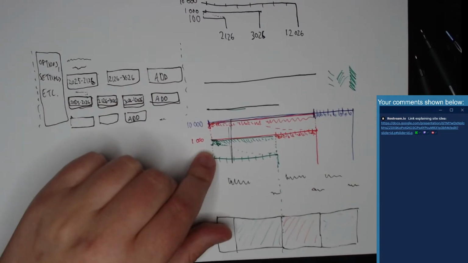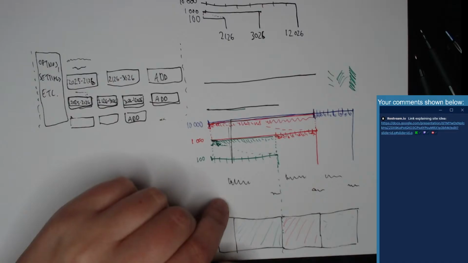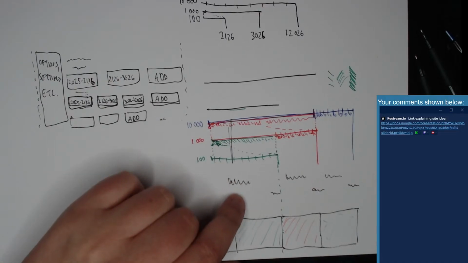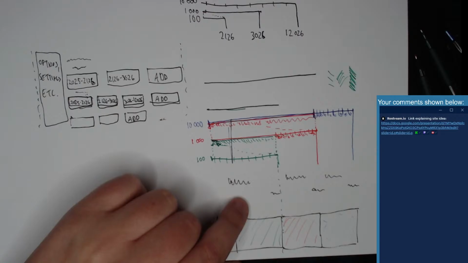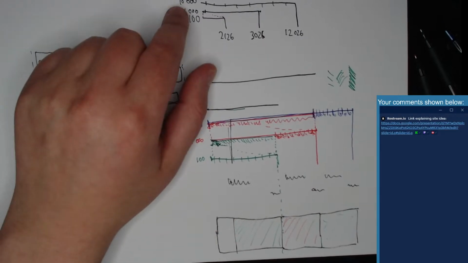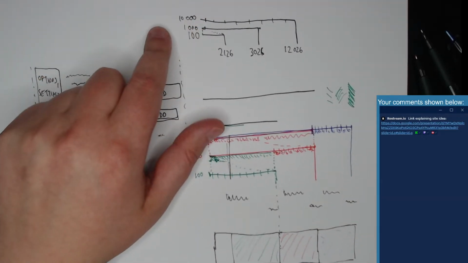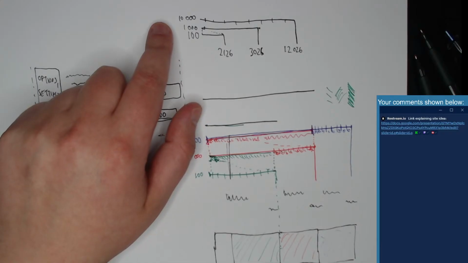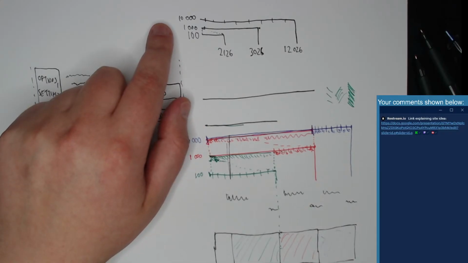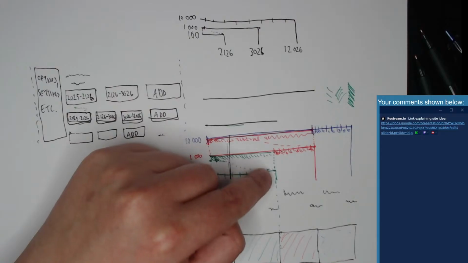I'm just going to try to visualize this a little bit. I have those scales here. They also have somewhere in here.